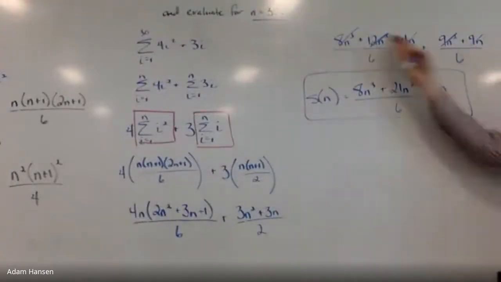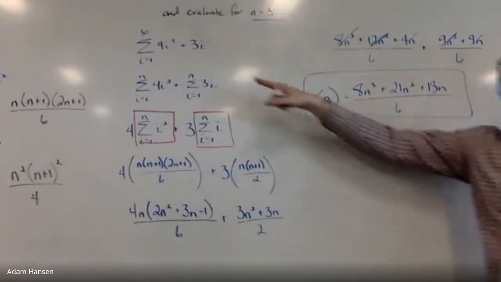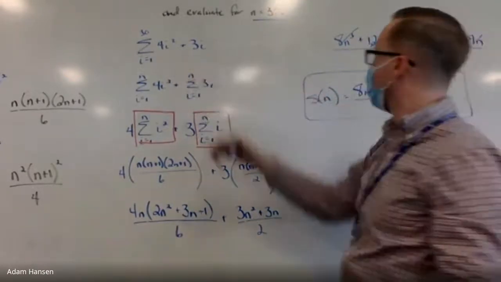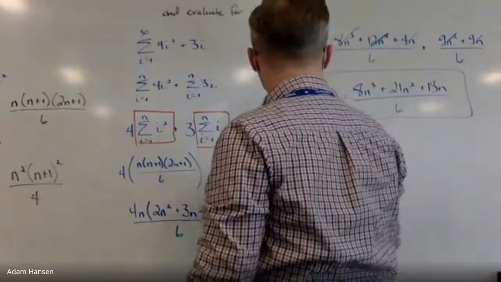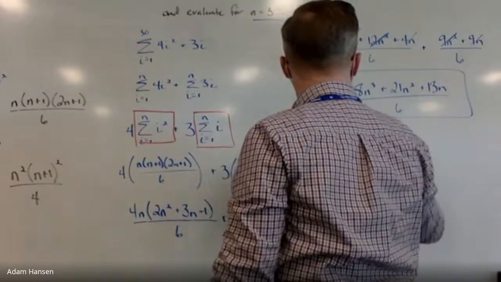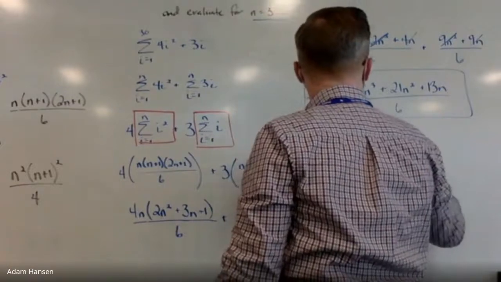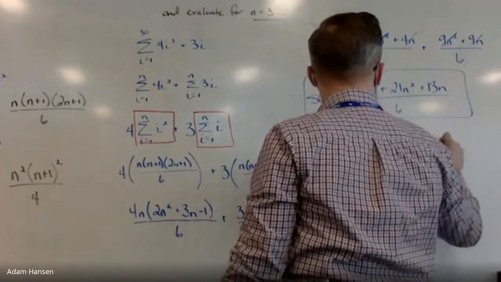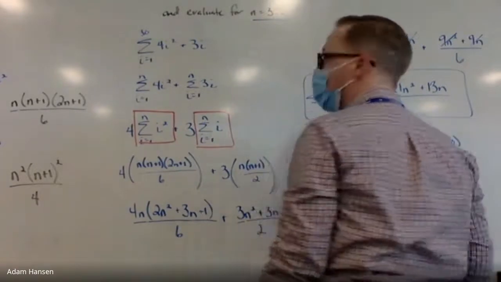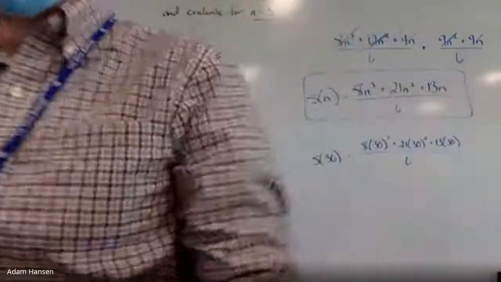I have an expression for any sum given this index here. So S of 30 would be 8 times 30 cubed plus 21 times 30 squared plus 13 times 30 over 6. Okay, so obviously I need a calculator.